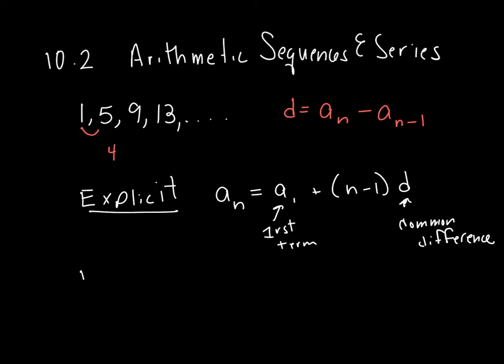The recursive rule is a little bit less helpful because for the recursive rule, remember, you always have to have the previous term. That n minus 1 is the previous term plus that common difference.